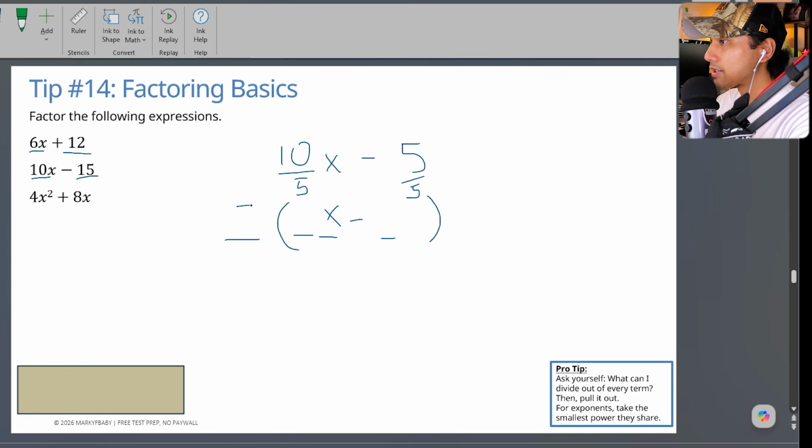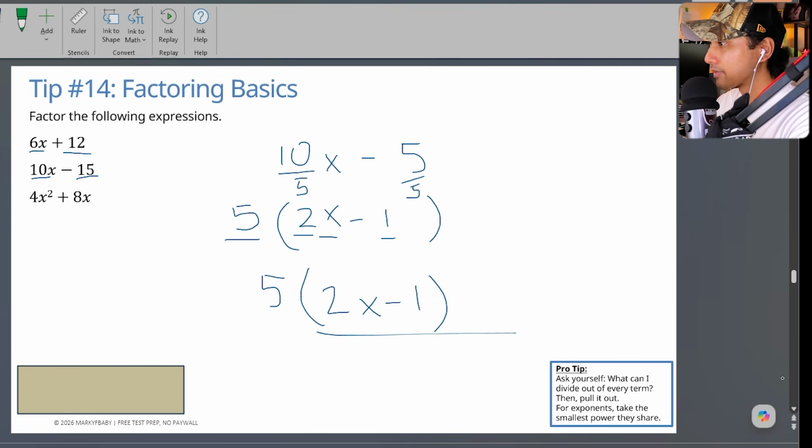So I'm going to put the 5 there. 10 divided by 5 is 2. And 5 divided by 5 is 1. So our factored expression now becomes 5 times 2x minus 1. There you go.